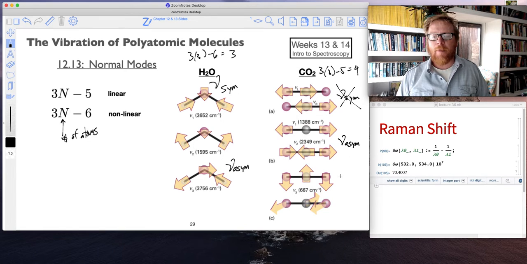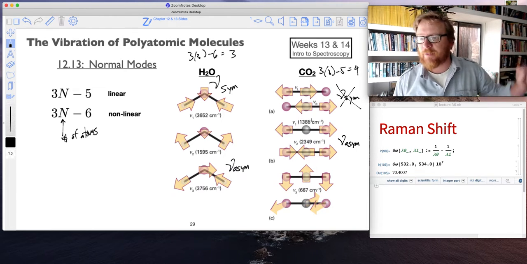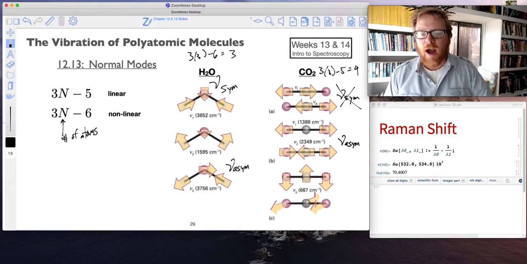And then finally we have the bending mode. So if we count up these modes of motion, we've got 1, 2, 3, 4. So this symmetric would occur, I'm sorry, I was talking to my son back there.